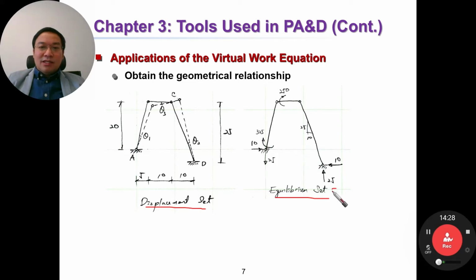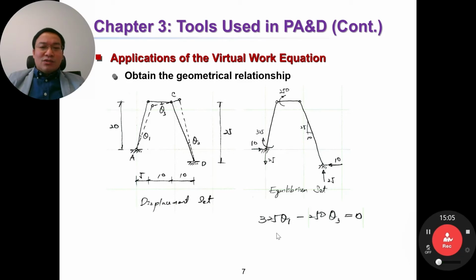So let's say this is equilibrium set number 2. So again, applying the total work equation, internal work equal to external work, and again, what is external work.